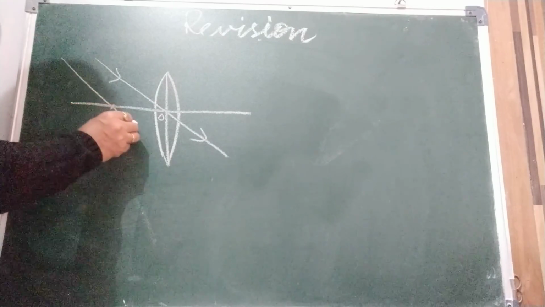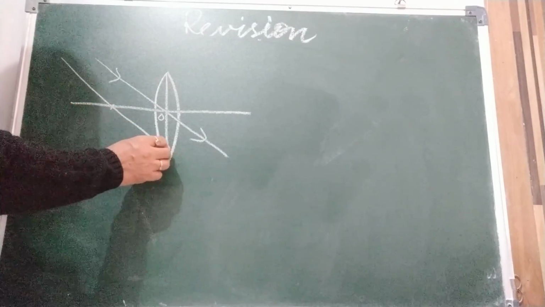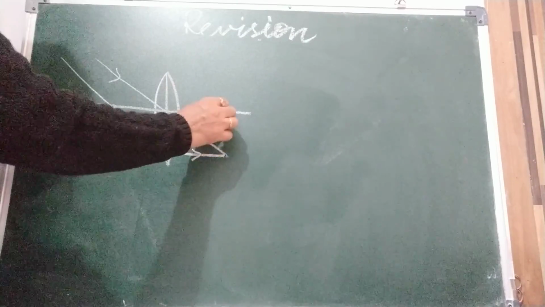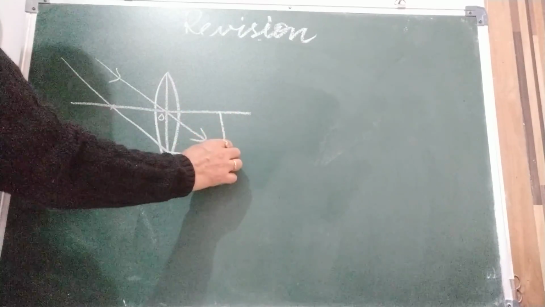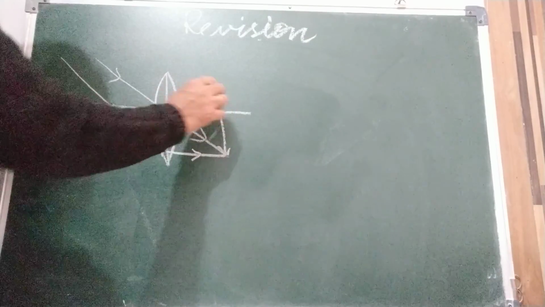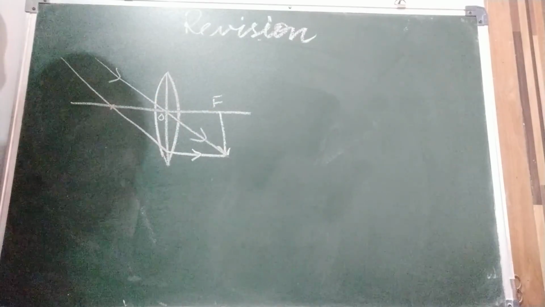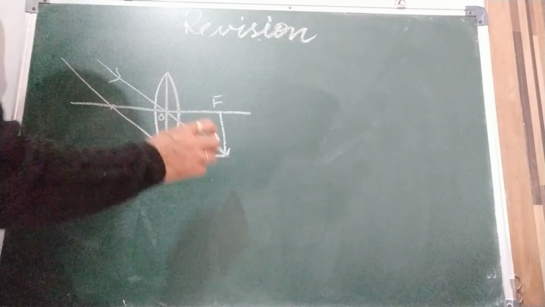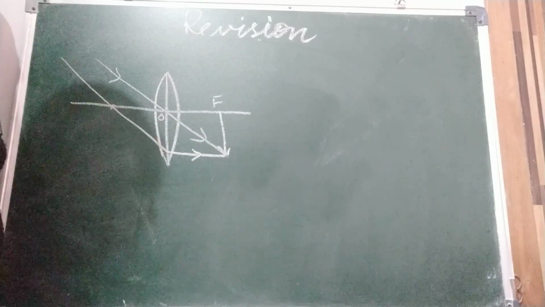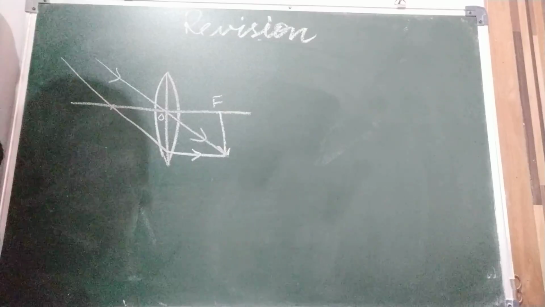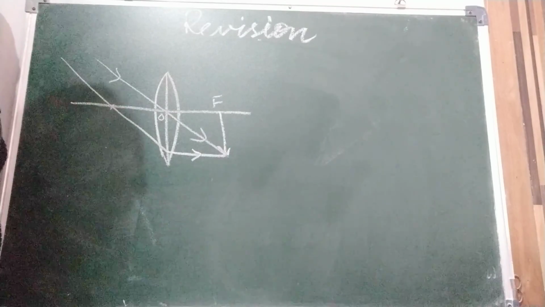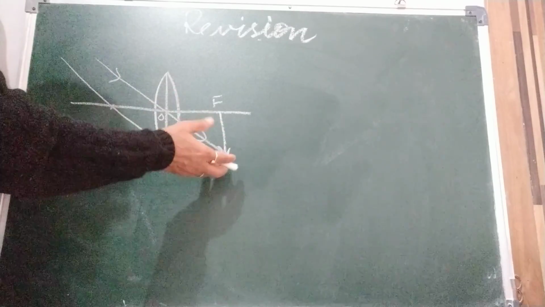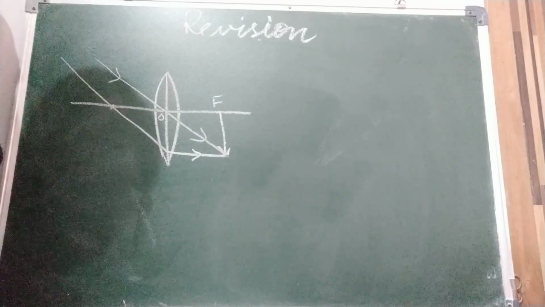First it will pass through the focus and then it will become parallel to the principal axis, and the image will be formed at the focus. Nature of the image: real, inverted, position is at the focus, and the size is diminished. Suppose it is the image of the sun, it is very small, so it is diminished.